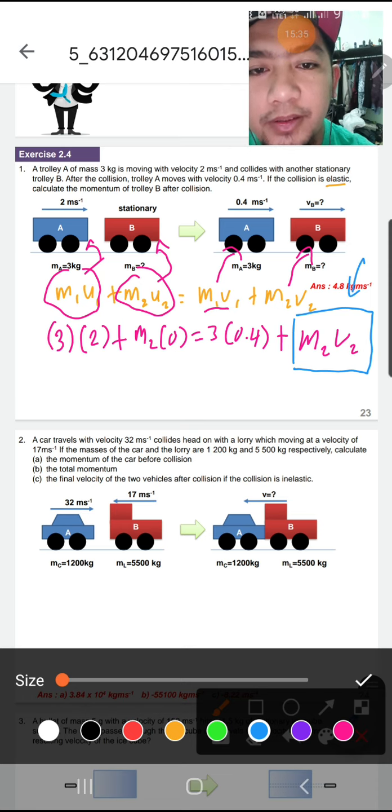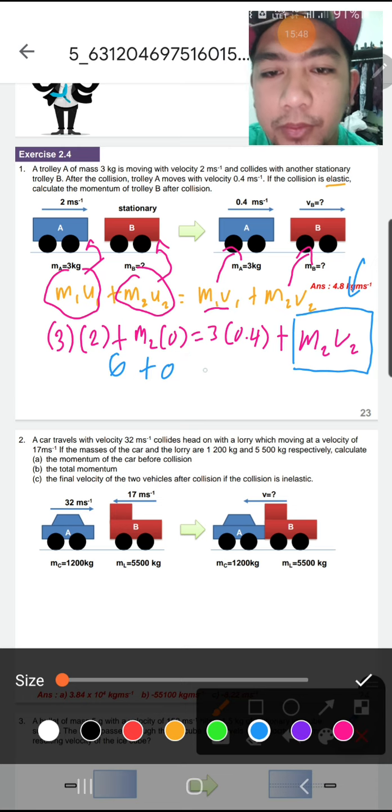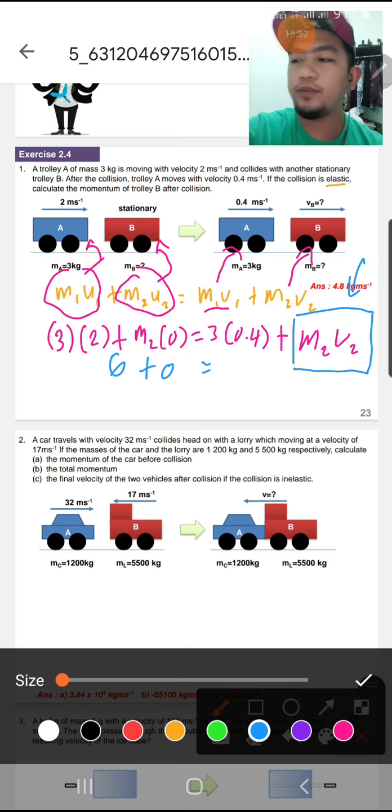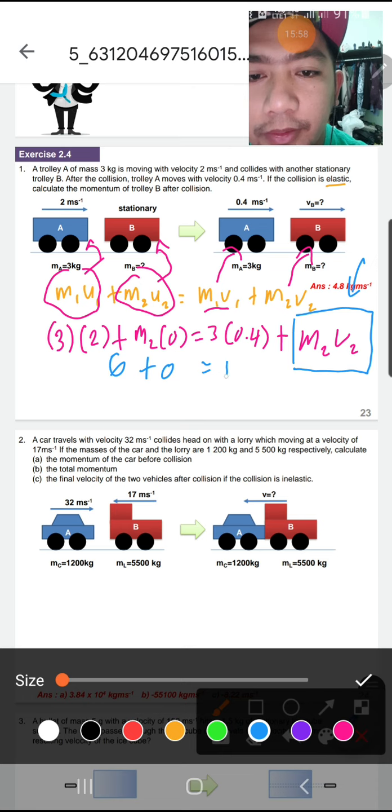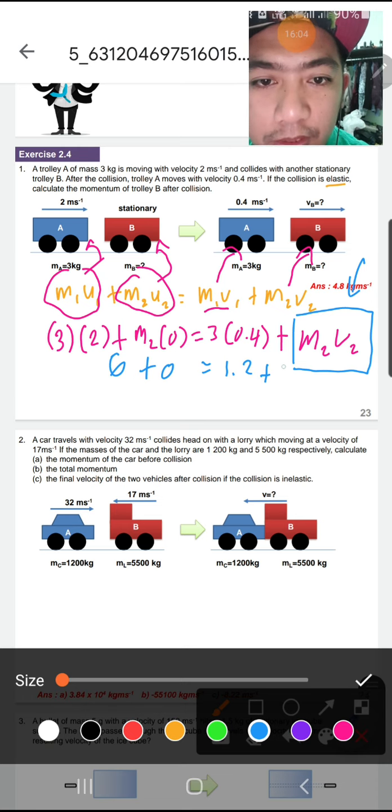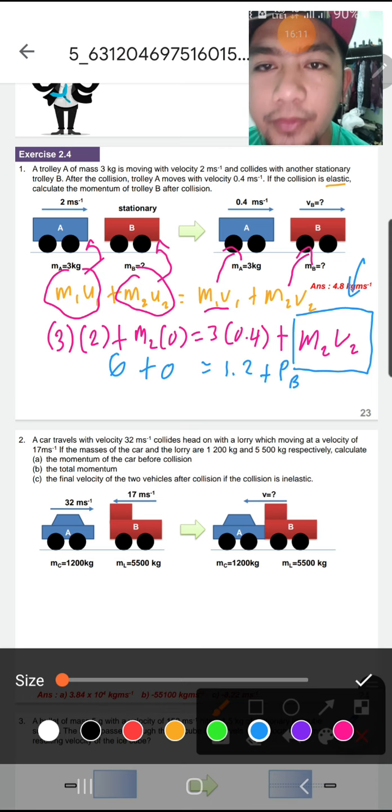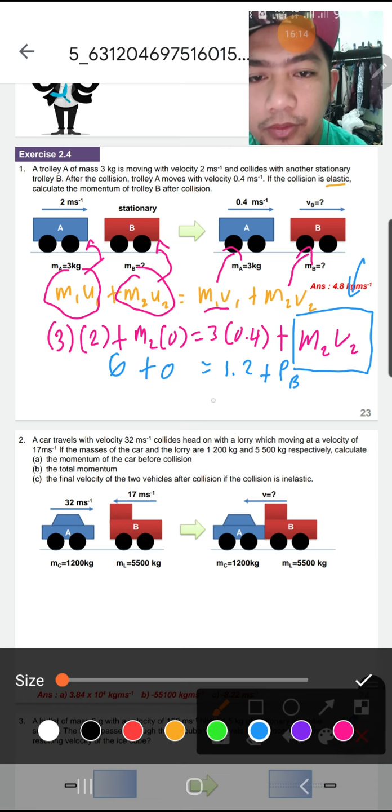So here is after. Just calculate 3 times 2 is 6. m2 times 0 is of course 0, because any number times 0 will get 0. 3 times 0.4 will get 1.2, plus m2 v2, which we simplify as PB, the momentum of trolley B. To find PB, just bring 1.2 to the left.